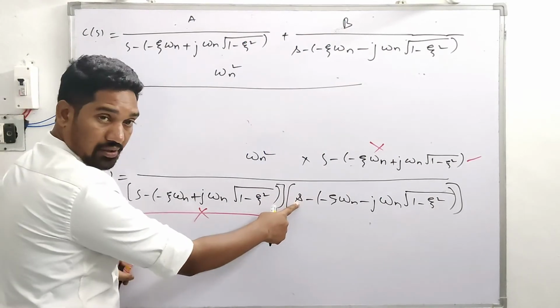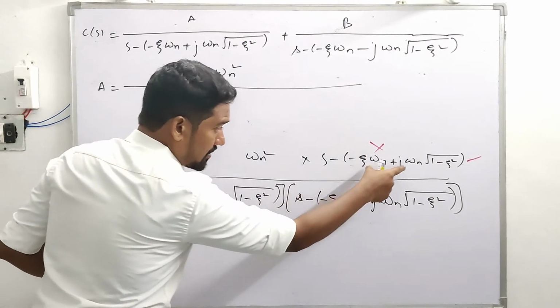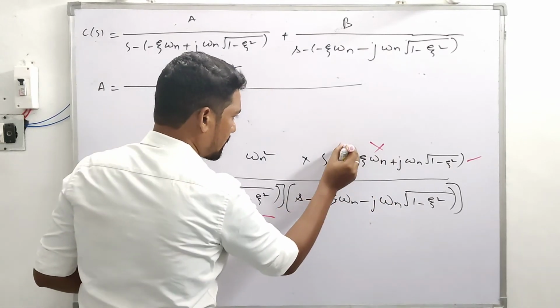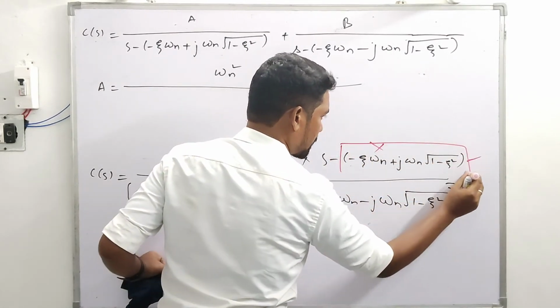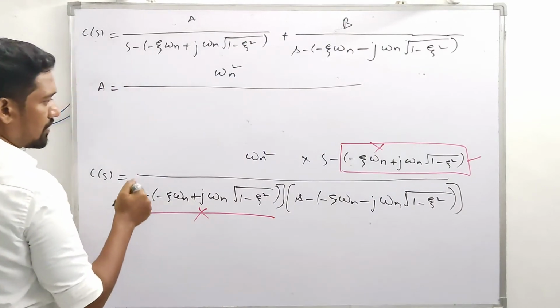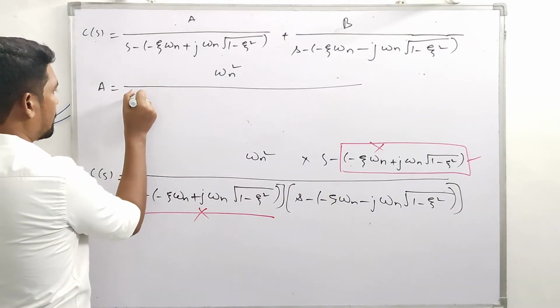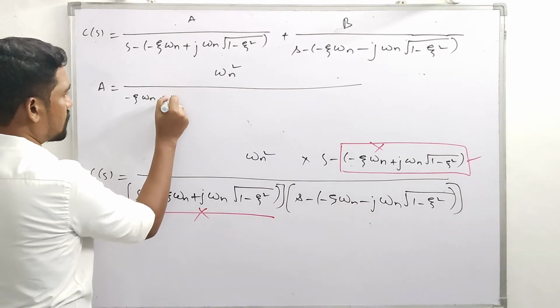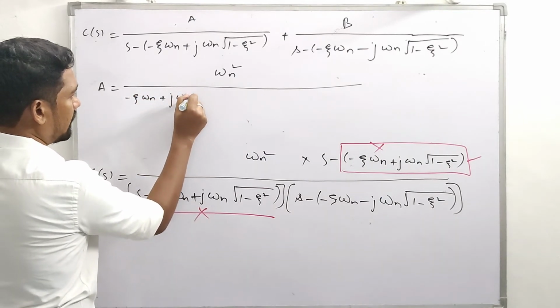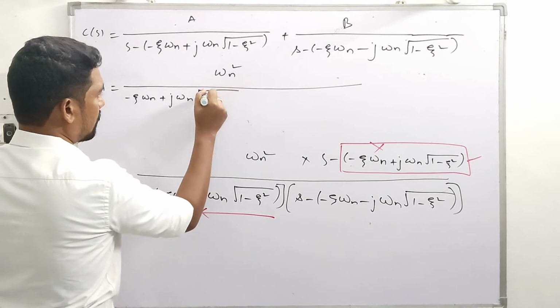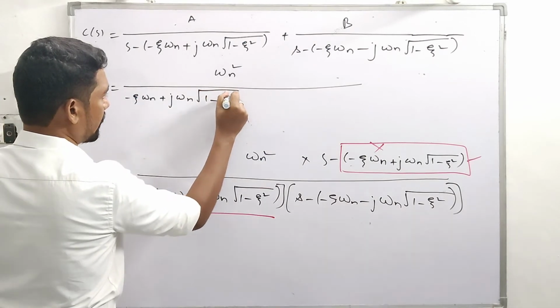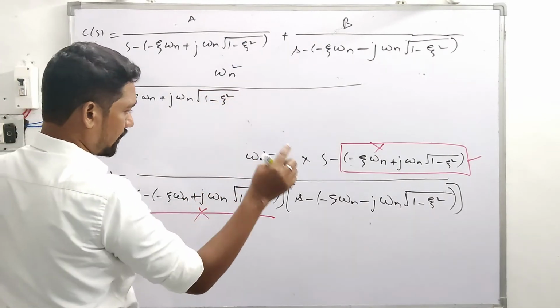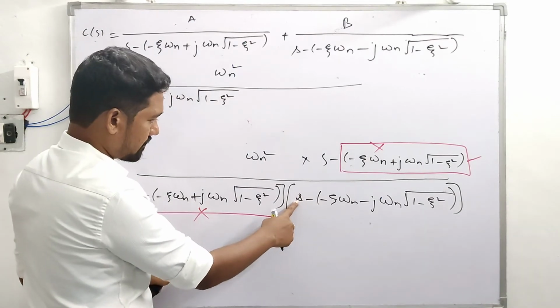In the place of s, this has to be plugged in, this entirely, this has to be substituted, which we have done previously. So that one, negative zeta omega n plus j times omega n under root 1 minus zeta square, in the place of s.